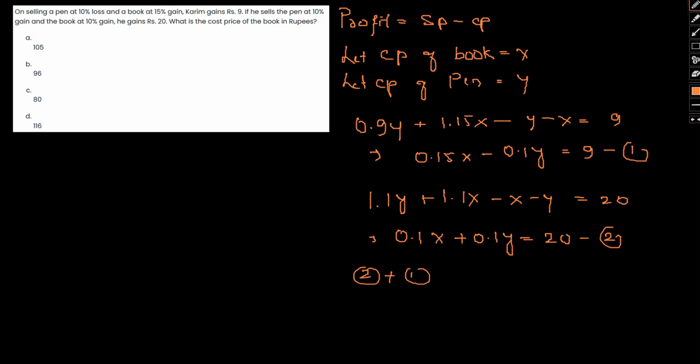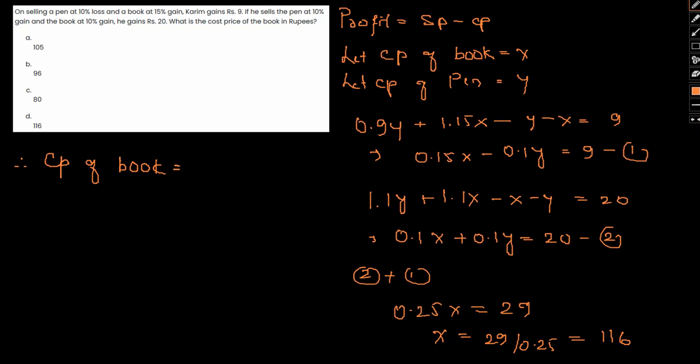So x would be 0.1 and also 0.15, that is 0.25x. The y terms get cancelled, equal to 29. So x would be 29 by 0.25. That would actually come out to be 29 into 4, that is 116. Therefore, the cost price of the book, CP of book, equals rupees 116. This will be our answer.